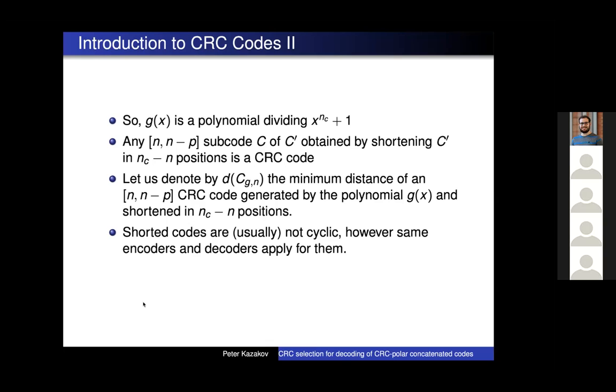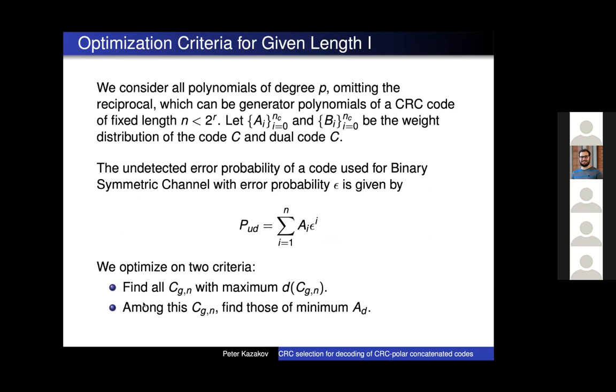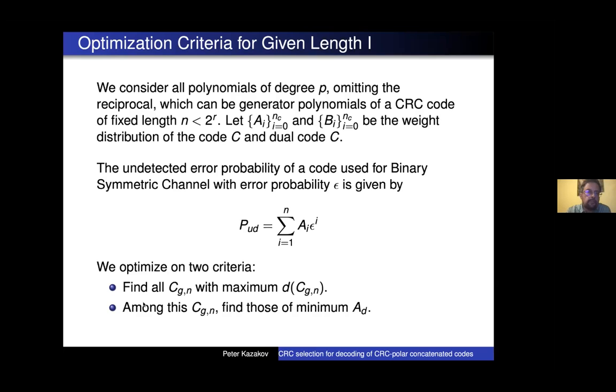What we can say here, perhaps I had to put a few more definitions. A polynomial that has an order of 2 to the power p minus 1 is called a primitive polynomial. It is also a quite important subclass, and it has a minimum distance of 3.